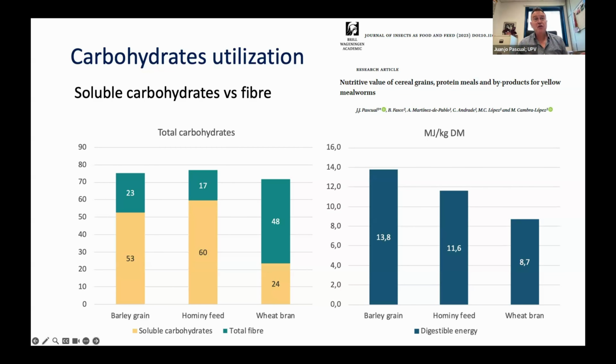However, even hominifeed, which contains more soluble carbohydrates than the barley grain, has almost 20% less digestible energy, since the starch of this hominifeed partly retrogrades as a result of its industrial treatment. This highlights the need to measure available energy in ways other than by carbohydrate content alone.